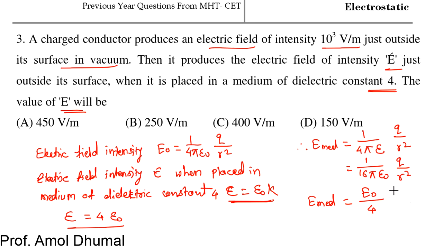Since epsilon is 4 epsilon 0, it becomes epsilon 0 divided by 4, which is equal to 1000 divided by 4. So E medium is equal to 250 volt per meter. Option B is correct.